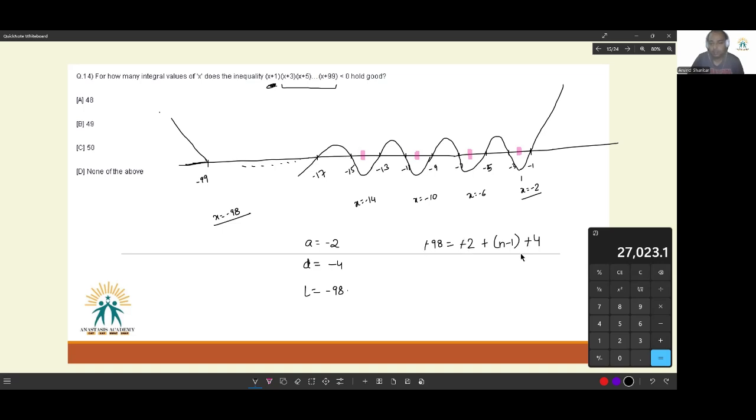First thing, I'll get rid of all these minus signs. So I'll have 96 is equal to n minus 1 into 4, or n minus 1 is 24, or n is 25. There are precisely 25 integers for which this inequality holds good. Because 25 is not present among the options, the correct answer is none of the above.